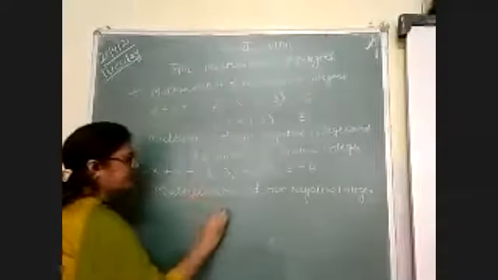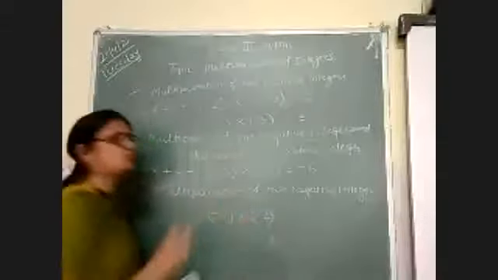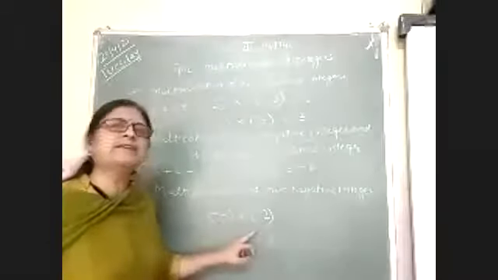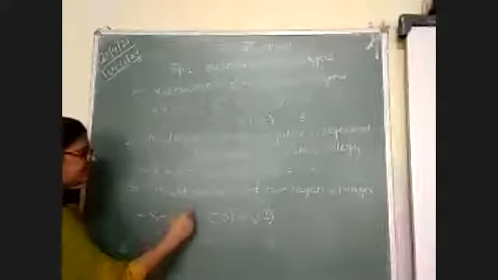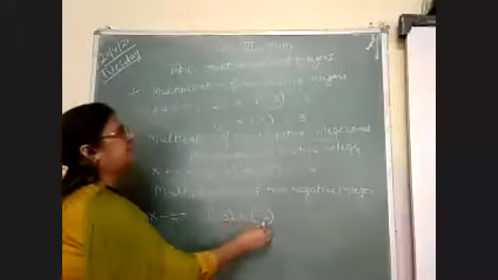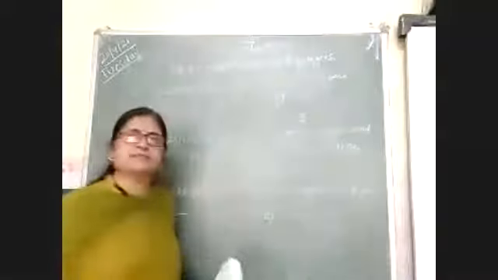For example, I am taking -3 and the second is -2. Both are negative integers. When I multiply negative by negative, the result is positive. So -3 multiplied by -2, the result is +6.